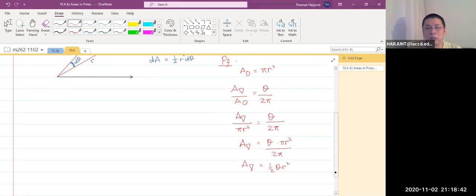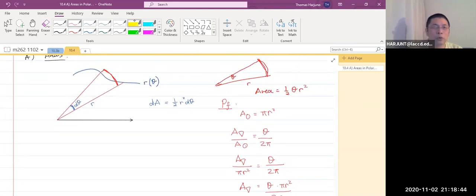Okay, now in this supersum region, I replace the theta by d theta. So the differential of the sector area is 1/2 r squared d theta.